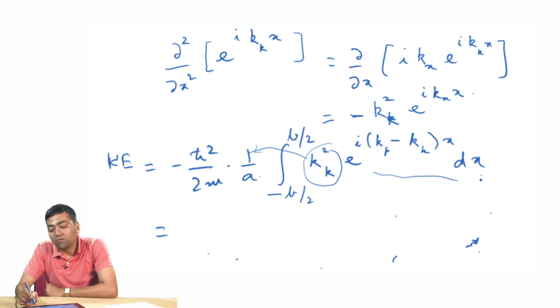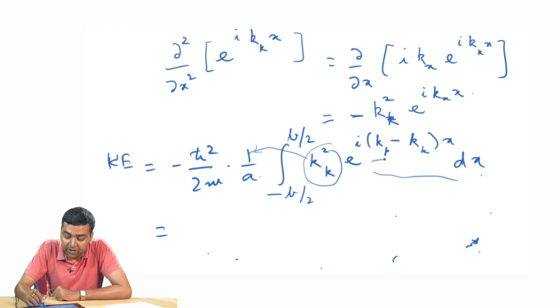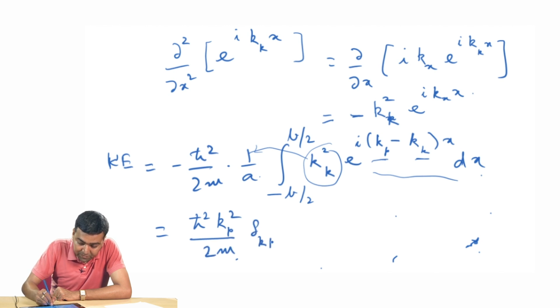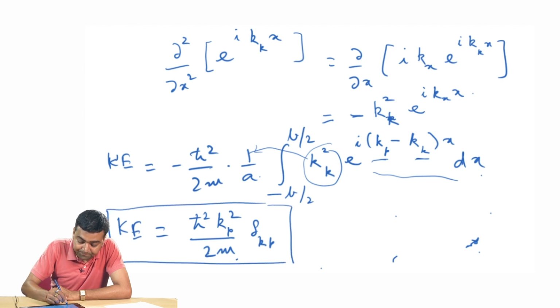term will give me a non-zero value only if k p is equal to k k, because this is the integral of a periodic function. And so, at the end of the day, if I do the algebra, what I will get is the following. So, this is my kinetic energy matrix element here. Okay.